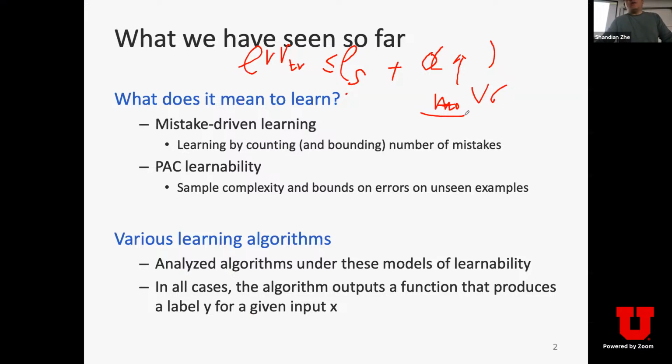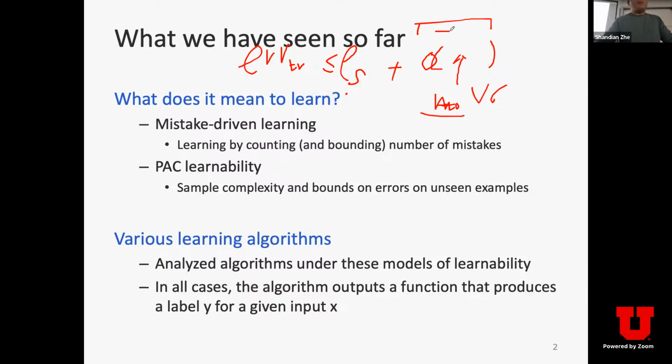If it's too complicated, then you still have a big gap term here. That's why in algorithm design or machine learning model choice, we have to consider the trade-off between the model complexity and fitting of the training data.